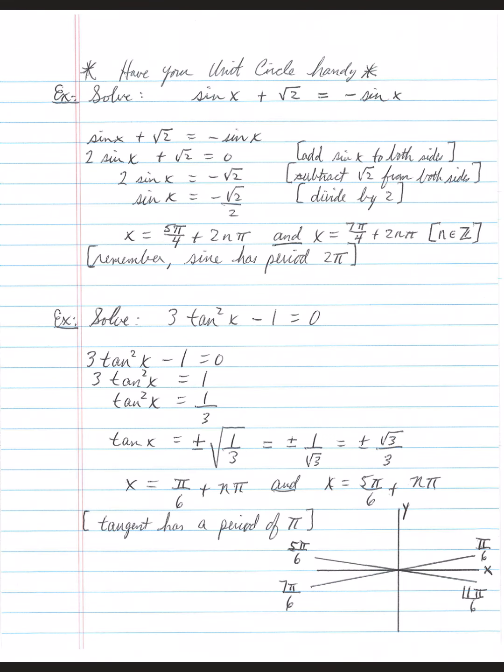Back when we were graphing, recall that sine and cosine had periods of 2 pi. This goes back to coterminal angles as well.